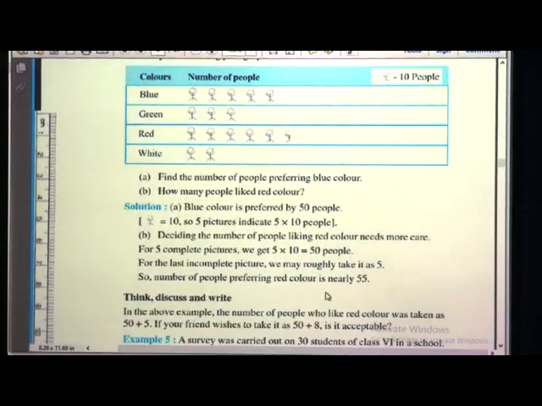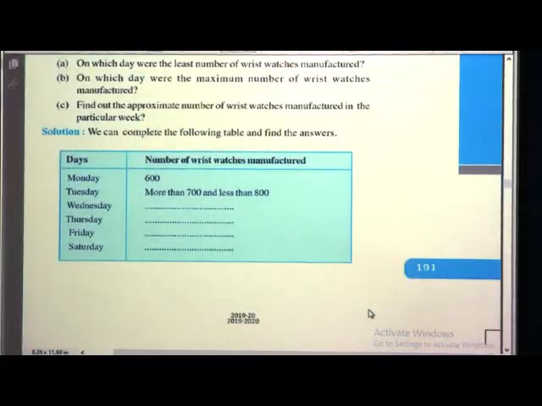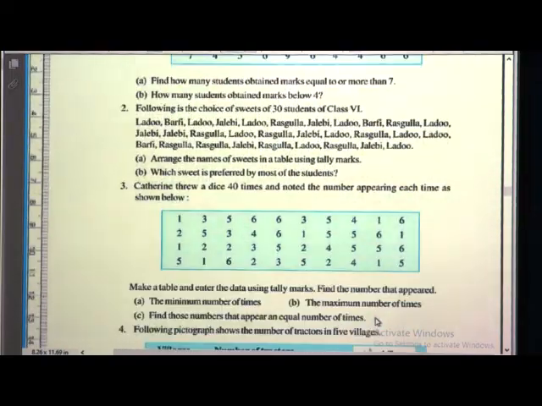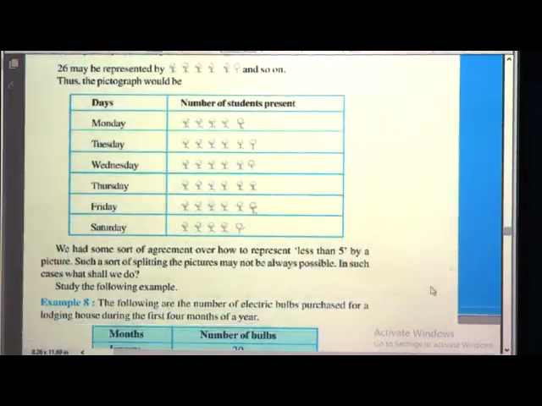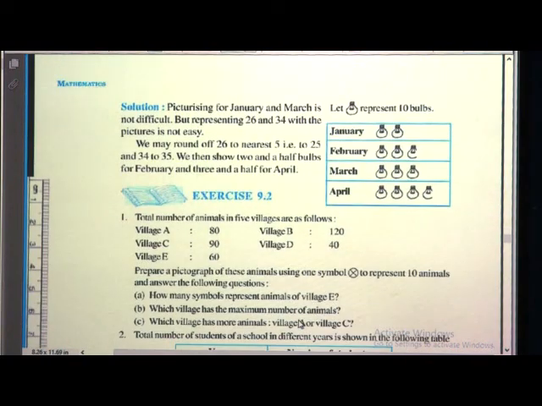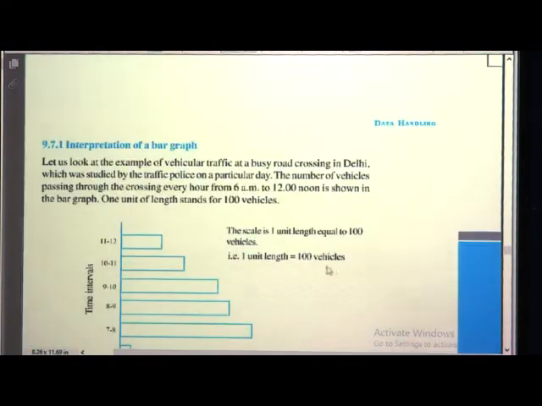After that we have seen about the bar graphs. Lastly we have seen about the bar graphs. As you know students, a bar graph is the representation of data visually by using bars. It is called a bar graph or bar diagram.